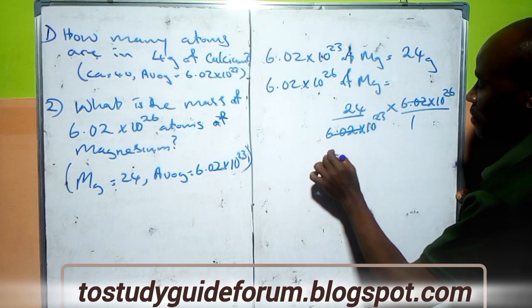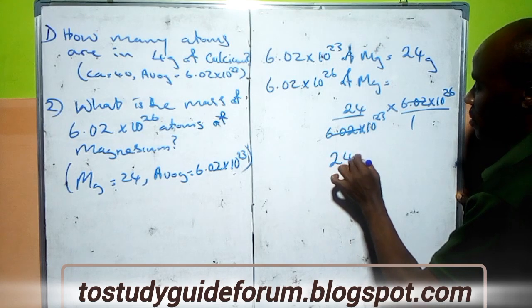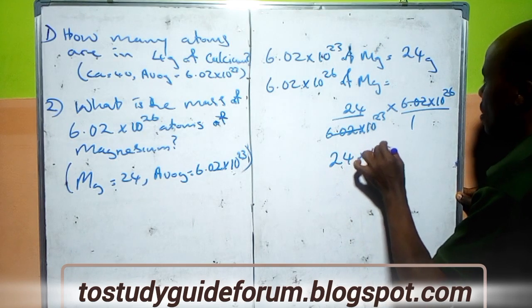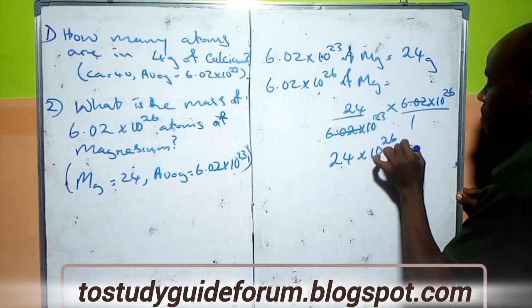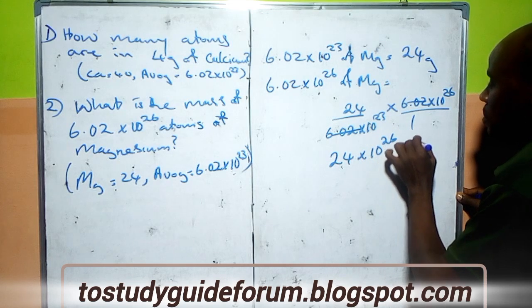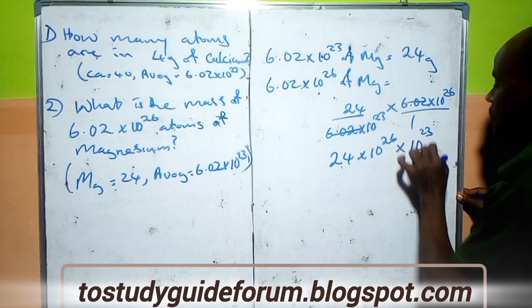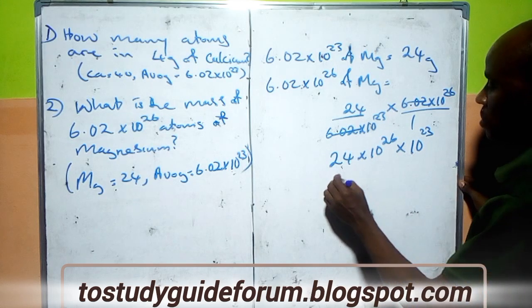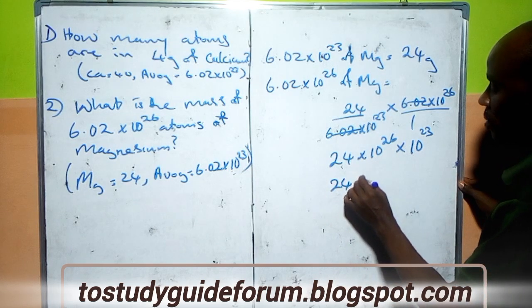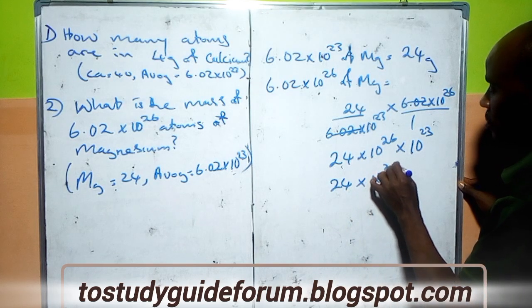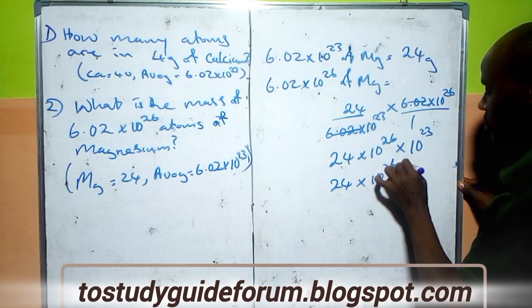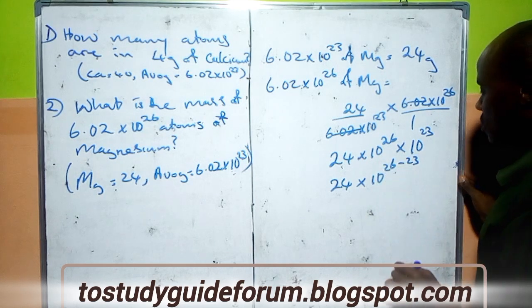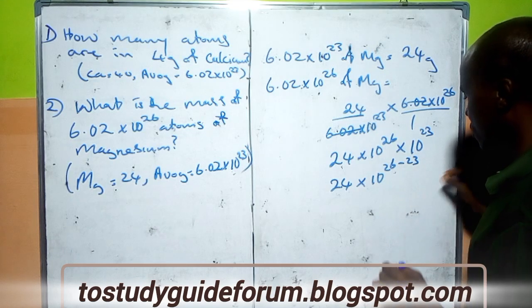So let me use indices. 24 will give us 10 raised to the power 26 minus 23. If we subtract, we have 3.